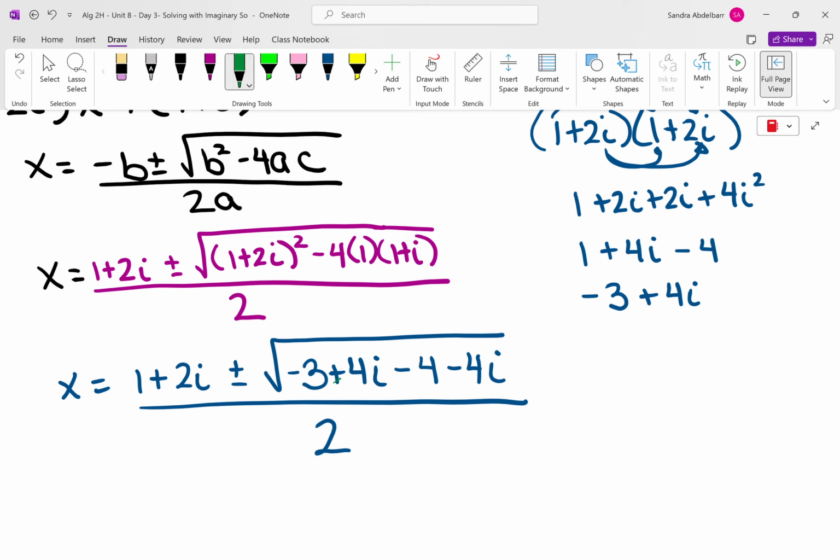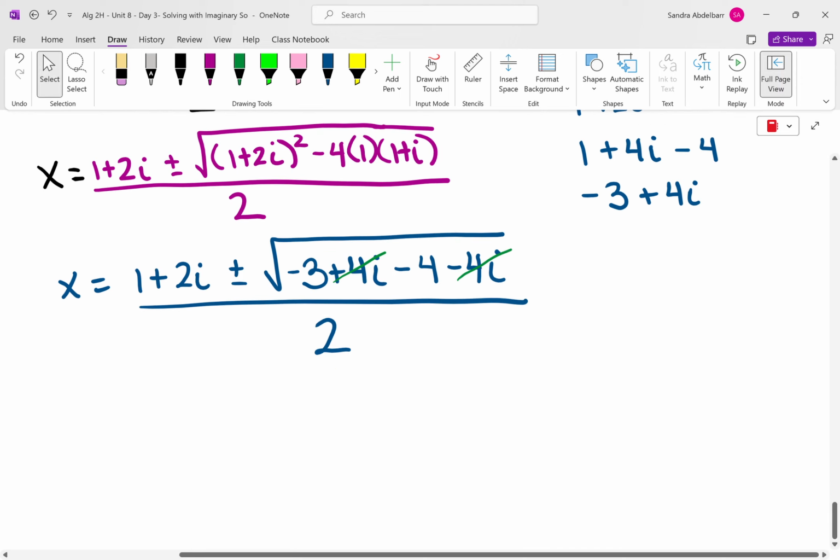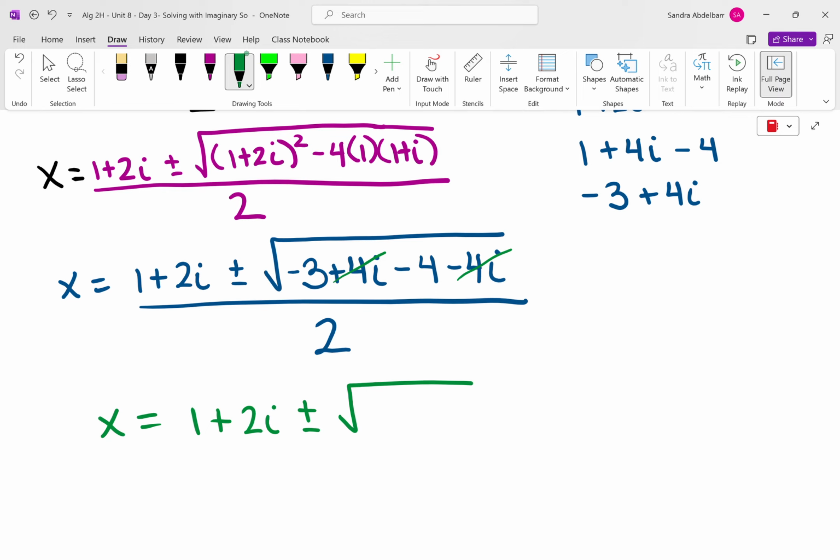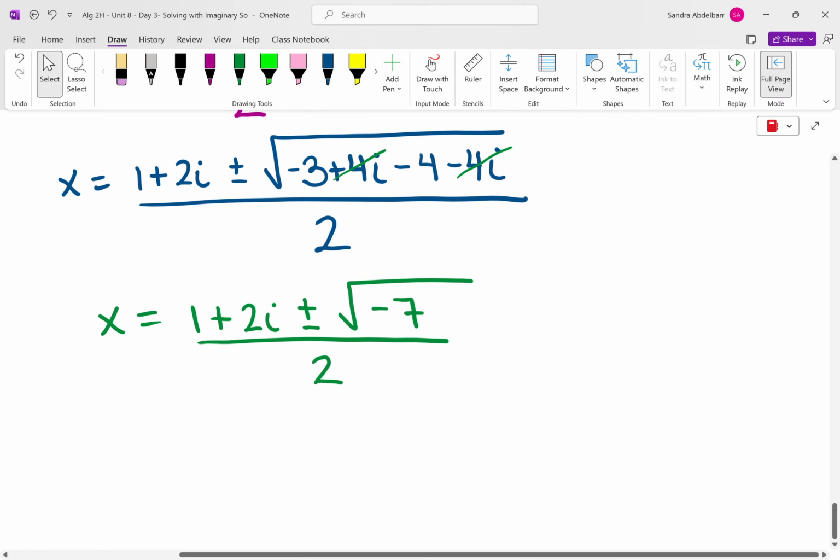Is everybody still okay with all my work? All right, now I'm going to simplify underneath that radical. The positive 4i and the negative 4i will cancel. So now I have x is equal to 1 plus 2i plus or minus the root of negative 7 all over 2.